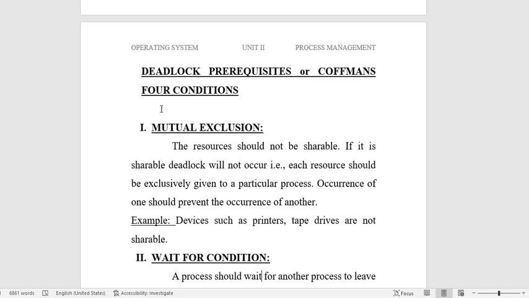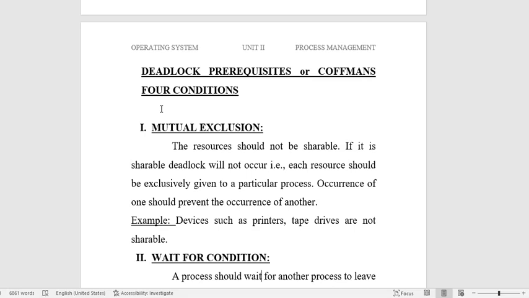Each resource should be exclusively given to a particular process. If I have a printer, I have to give it to a process and say this is only for you, it is not for anybody else. If that is the case, then surely deadlock will occur.